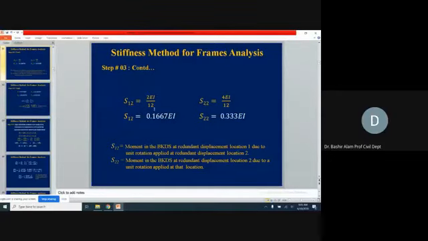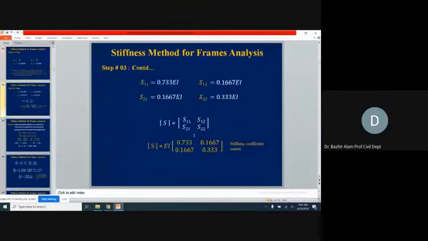S12 is 2EI over 12, must be equal to S21, and S22 is equal to 4EI over 12, and then you see them in the decimal form. Now with this, now we are in a position to write this matrix in a very nice form. EI is common, so we take that as common. From here 0.733, 0.1667, 0.1667, and this is 0.33, and this is our stiffness matrix now.